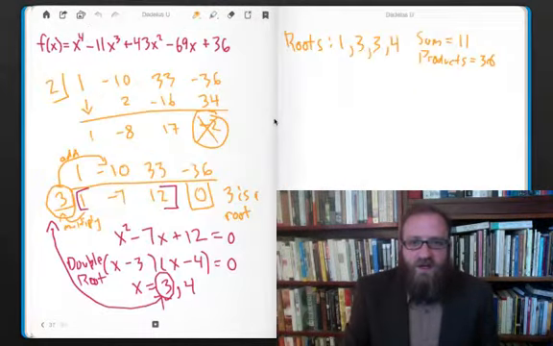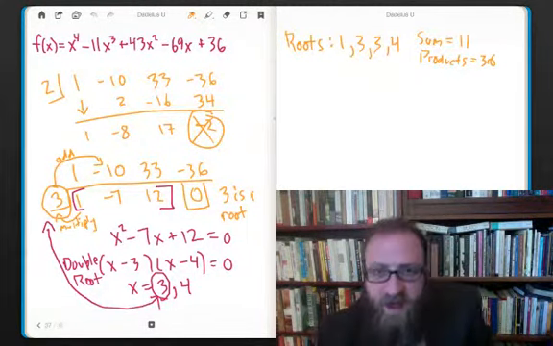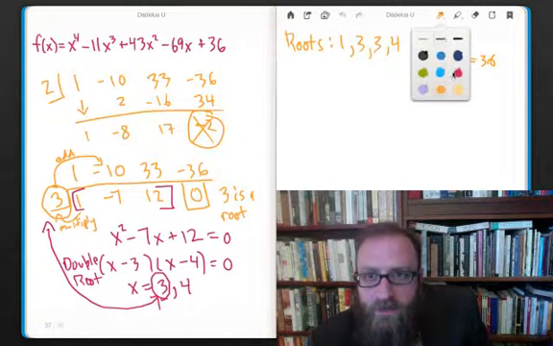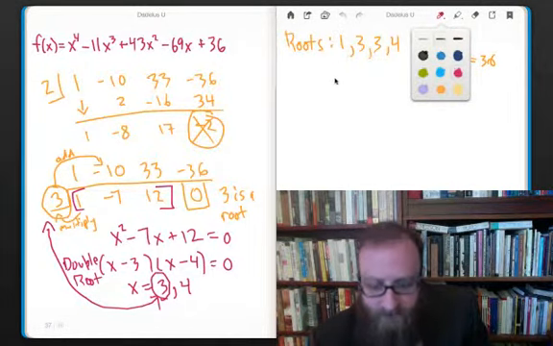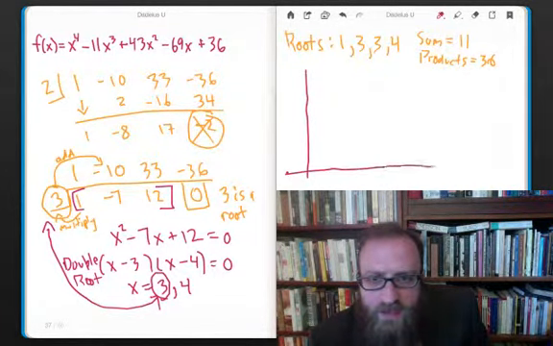Okay, so lastly, let's just sort of sum everything up and take a look at what this graph actually looks like. Go back to magenta, our favorite color. We'll put our y-axis there and our x-axis here, and let's think about it.